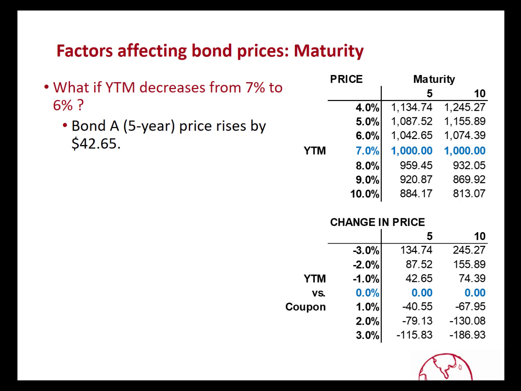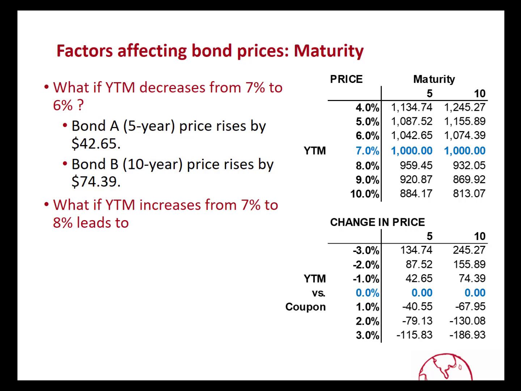Yield goes down, price goes up, and it goes up by $42.65. Bond B, however, goes up by $74.39. As you can see, the increase in the price of bond B is greater than the increase for bond A because of the higher maturity.